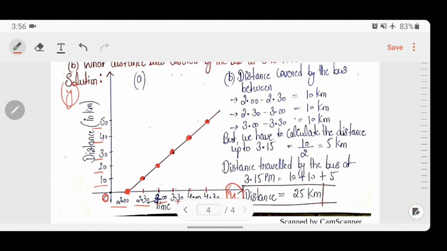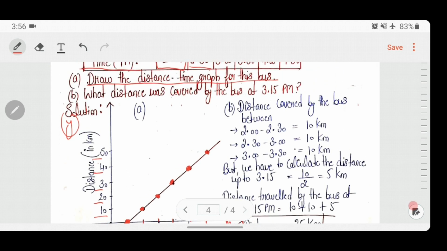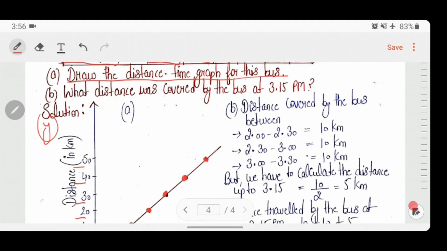Now students, let's discuss the second part of the question. In the second part, what distance was covered by the bus at 3:15 p.m.? So you have to find out the distance covered by the car at 3:15 p.m. Let's solve this part.